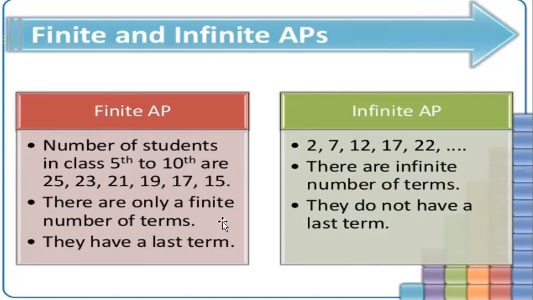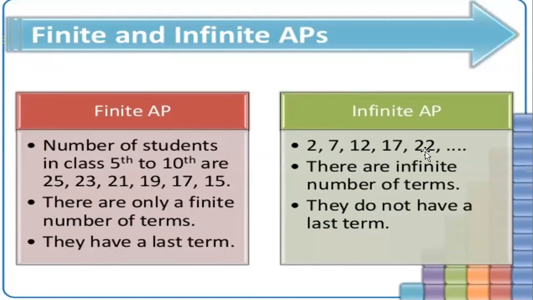There are only a finite number of terms. How many students are there from 5th to 10th? In 5th there are 25, then 23, then 21, and after 10th we do not have to write the number of students. So it has a finite number of terms and it has a last term.